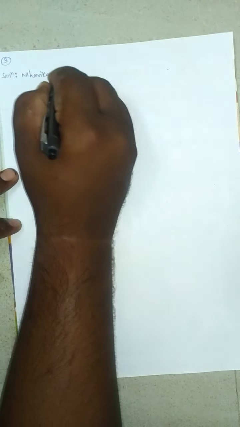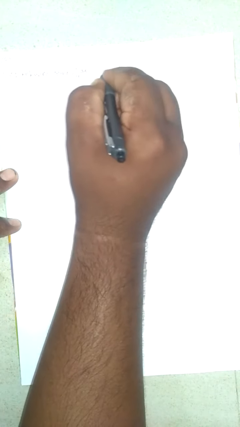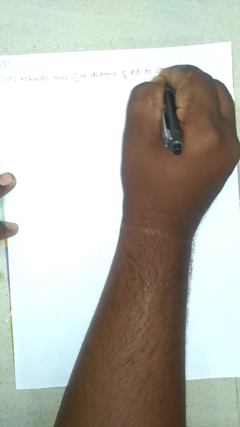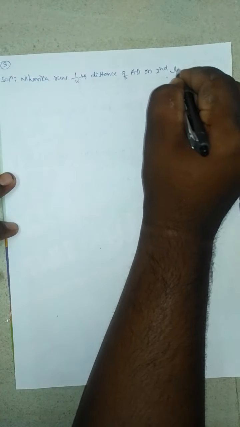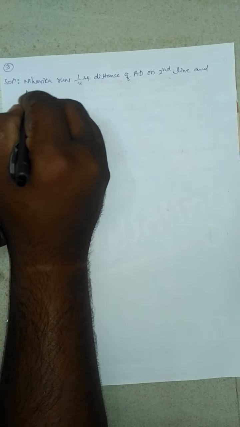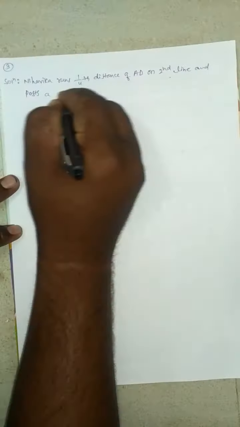Niharika runs 1/4 distance of AD on second line and posts a green flag.